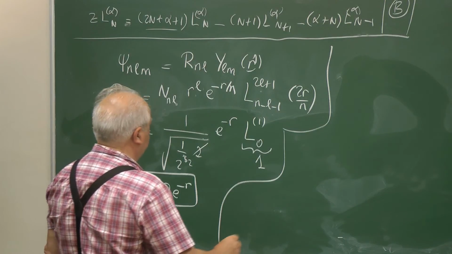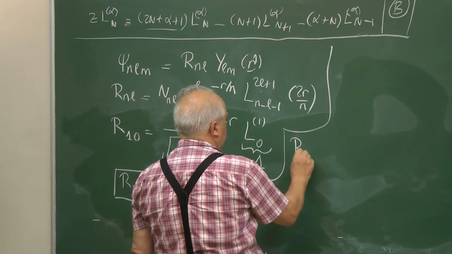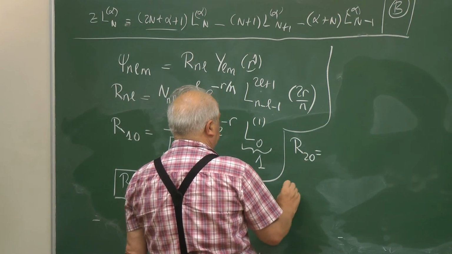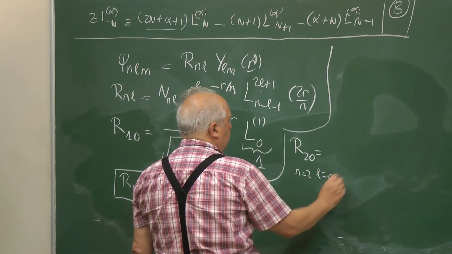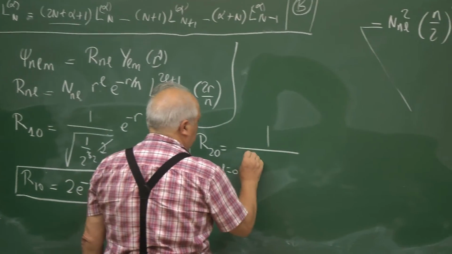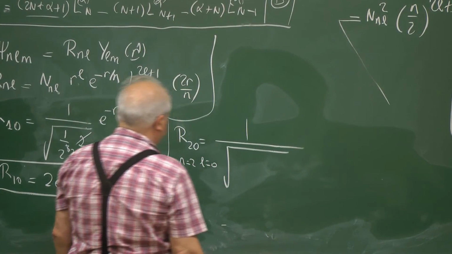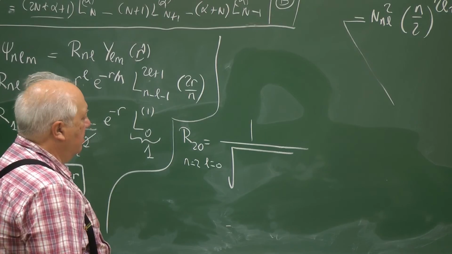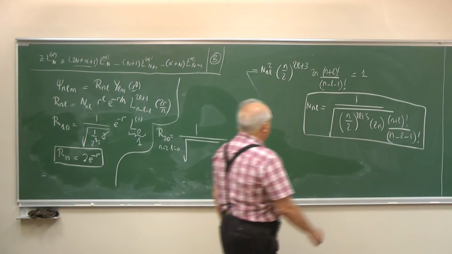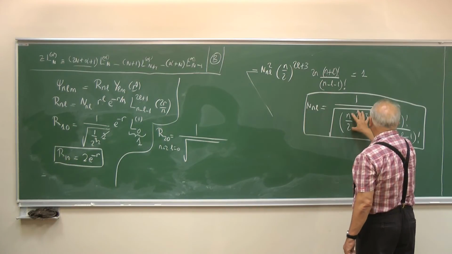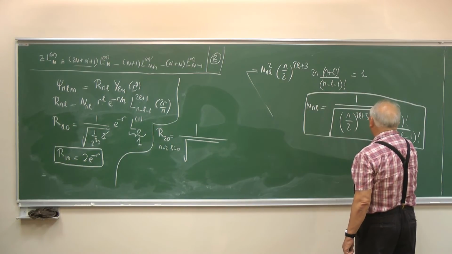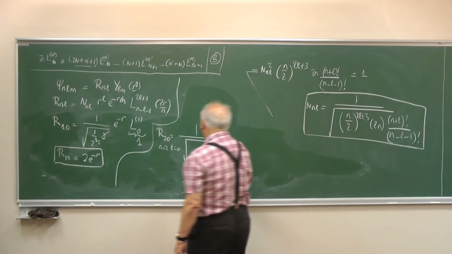Let us compute R_2,0. Namely, n equals 2, l equals 0. Two divided by 2, that's 1. So this is 1. 2n, I have 4.